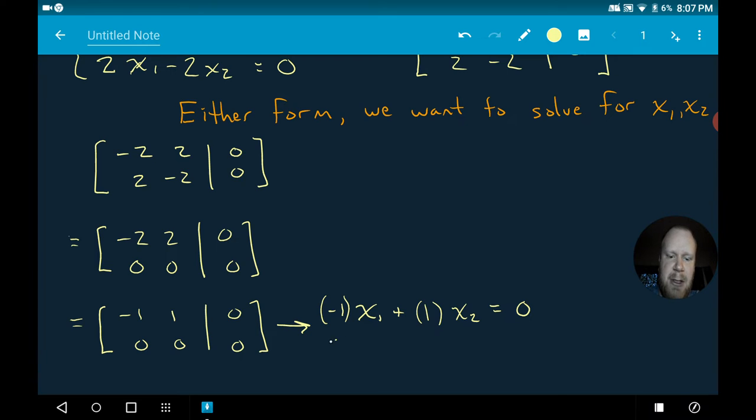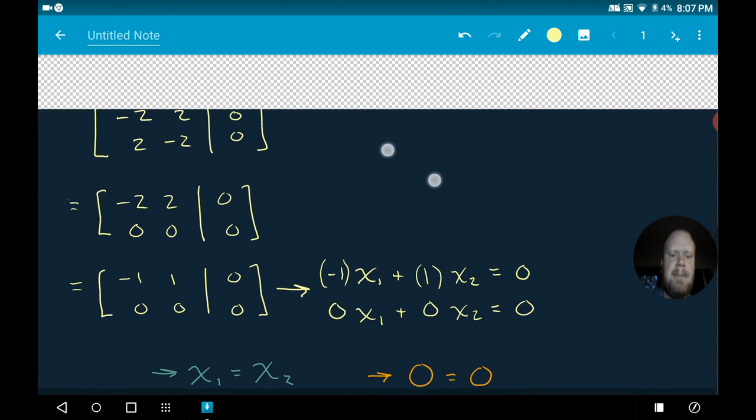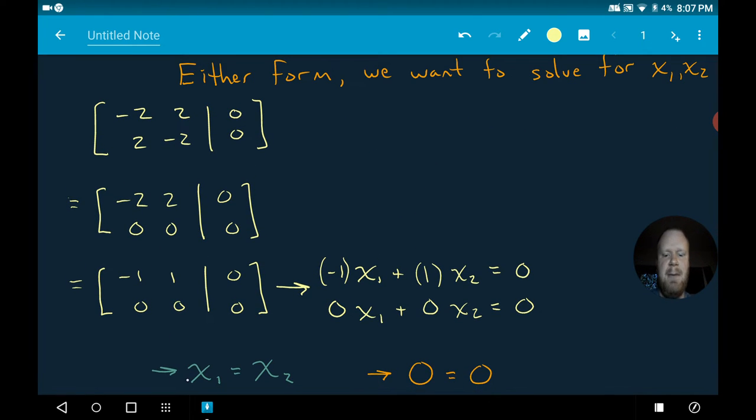And then this bottom equation here is that 0 times x1 plus 0 times x2 is equal to 0. Now, this first equation here is going to give me x1 is equal to x2, right? And then this next one is going to give me that 0 is equal to 0.